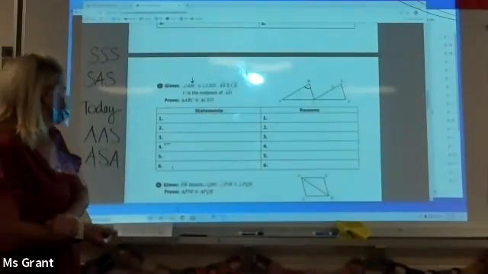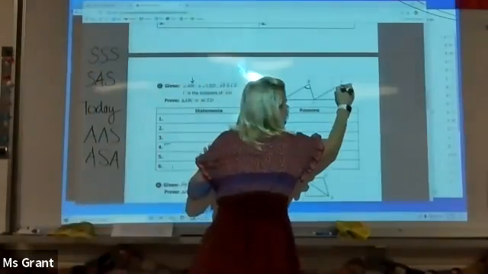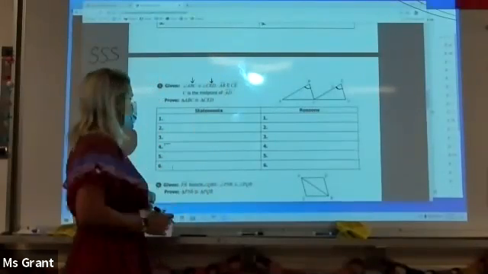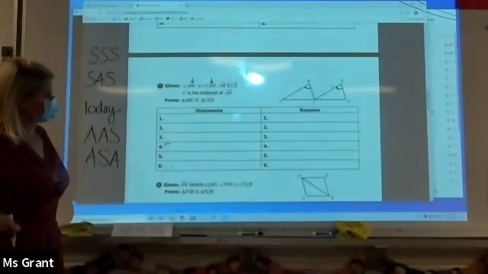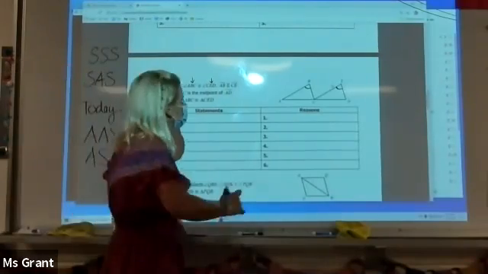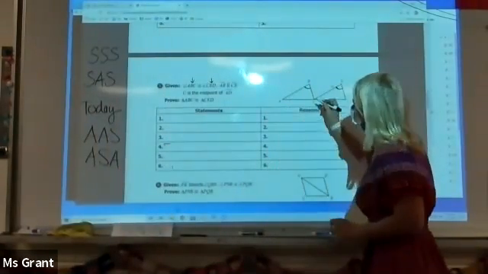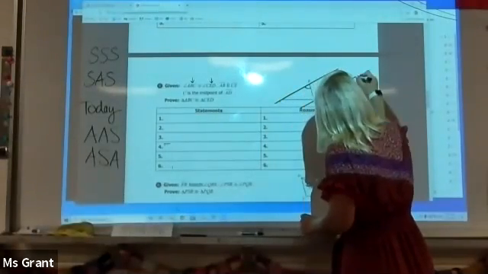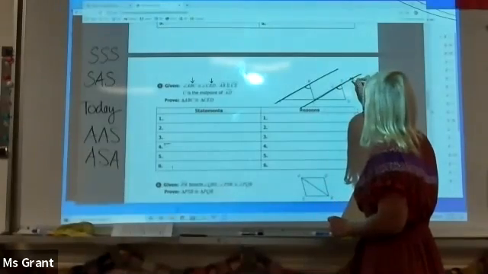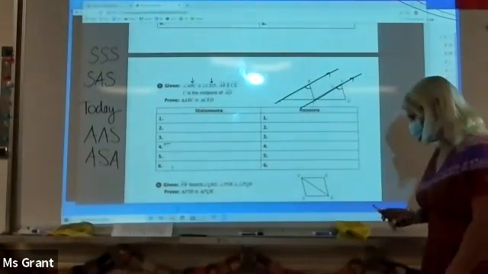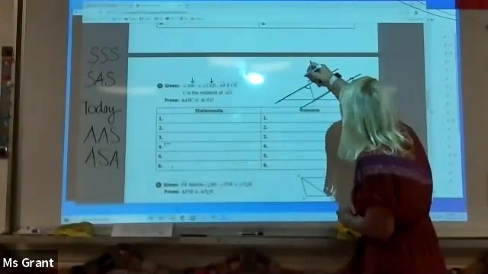CED, here it is. AB is parallel. Well, that's fun. Sorry, I'm blocking, I know. Parallel lines are cut by a transversal. The transversal that cuts them is right here.